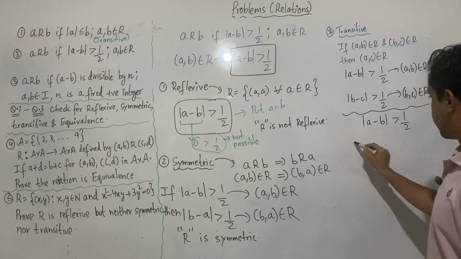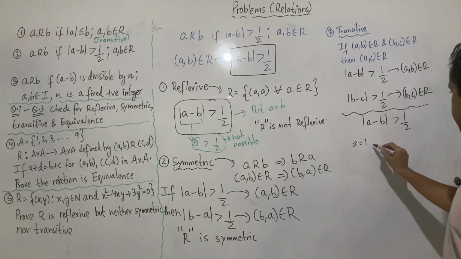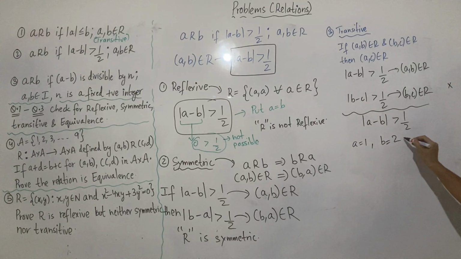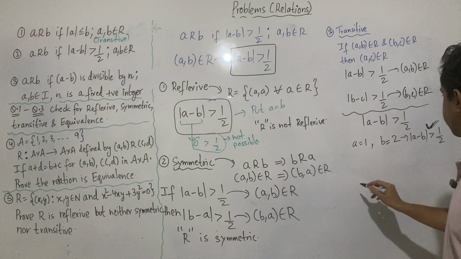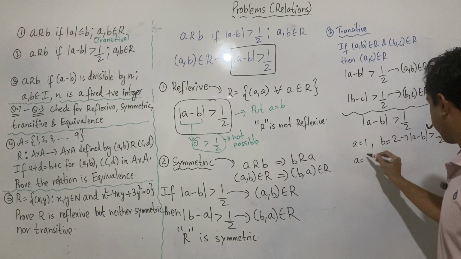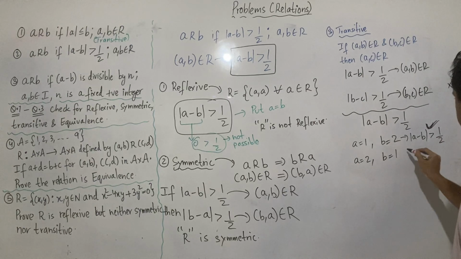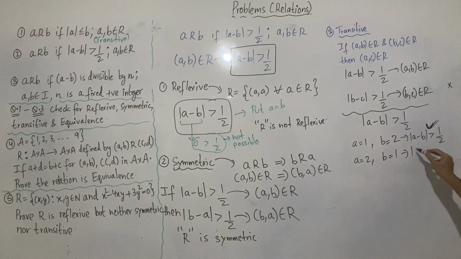If A is 1 and B is 2, then mod of A minus B, 1 minus 2, is still greater than 1 by 2 because it's going to be 1. So this is okay. If I take A as 2 and B as 1, then again mod of A minus B is greater than 1 by 2, because A is 2, B is 1, so it is okay.